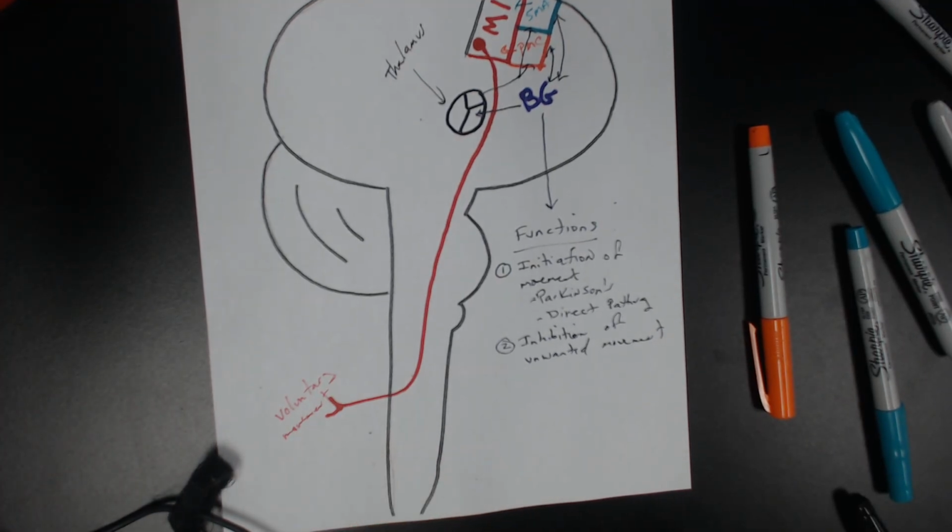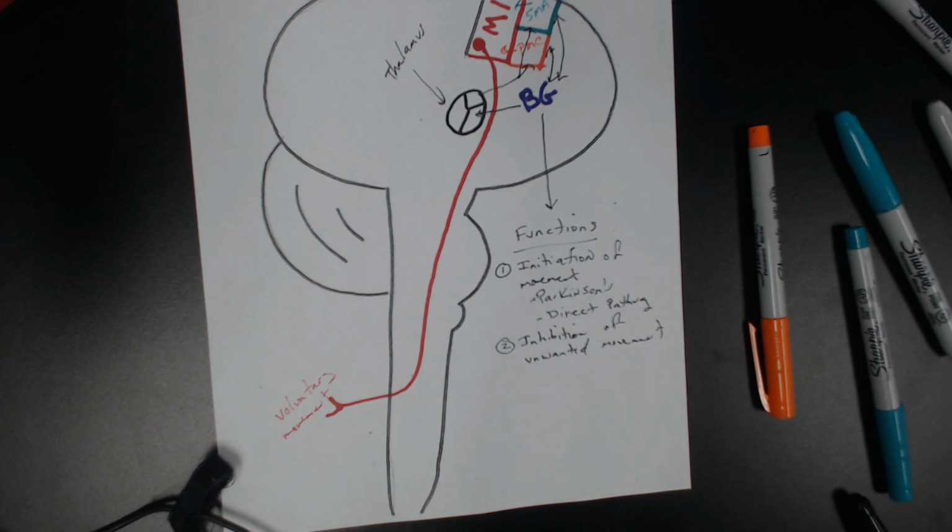What I mean by that is if I'm going to do any kind of motor task, even a fine motor task, for example, if I wanted to brush my teeth, I've got a toothbrush in my hand and the rest of my body stays pretty much still. It's just this that's got to be moving. I'd really have a hard time brushing my teeth if I was moving all over the place. That would be unwanted movement. So it's the indirect pathway that's involved in inhibiting that unwanted movement.